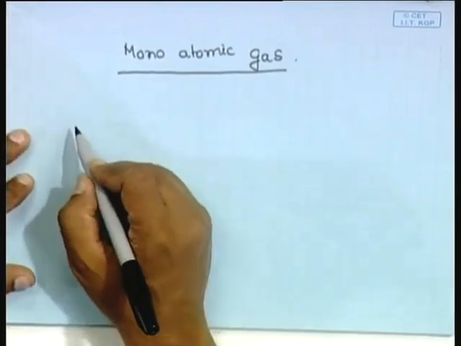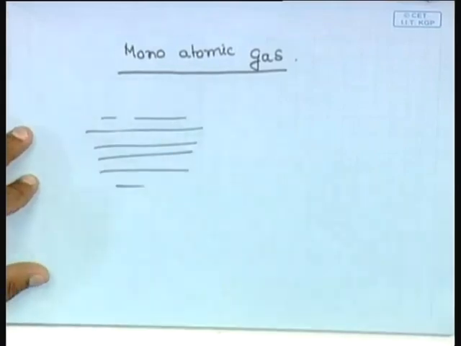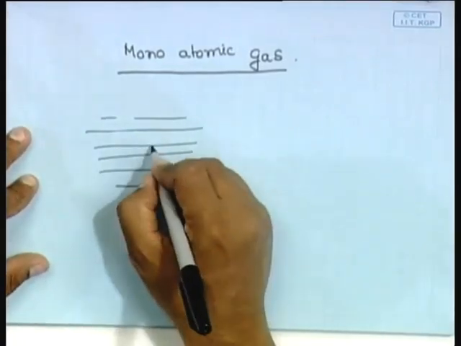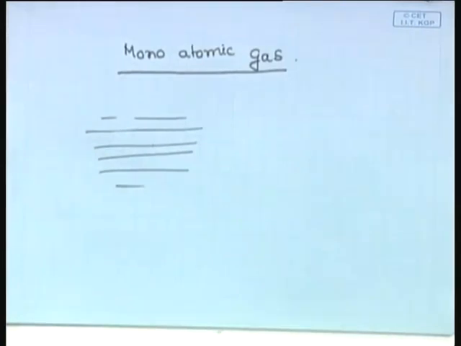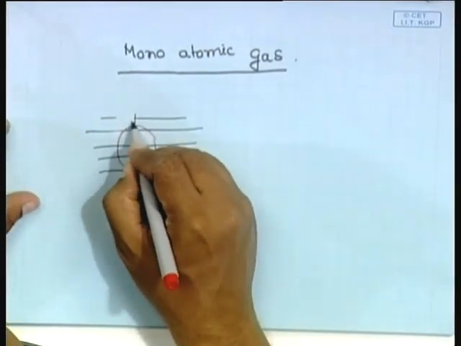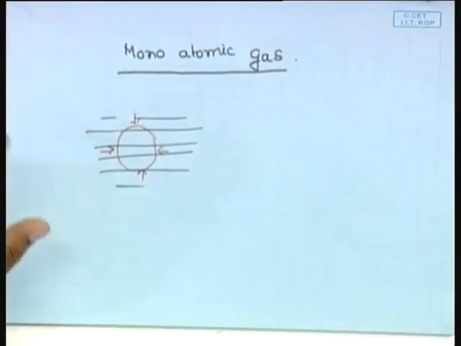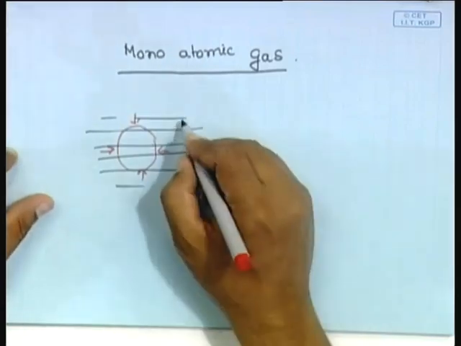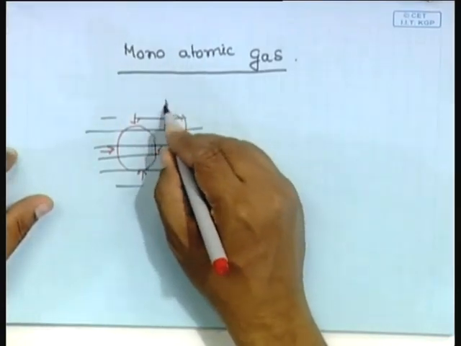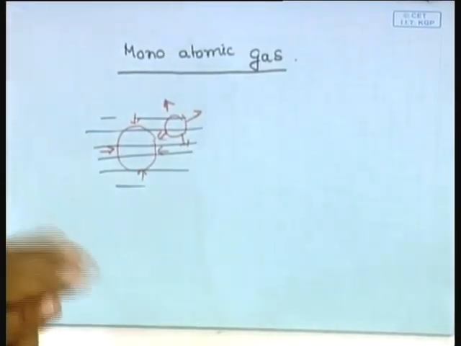So, I have a monoatomic gas, this is my fluid, let me just draw it like this, which is uniform, and then I have compressed a certain part of the fluid or rarefied it. So, I have compressed it, let us say, and maybe I have also rarefied this part. So, I have taken a certain volume and made it larger.